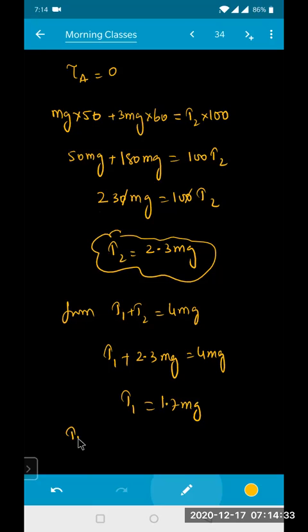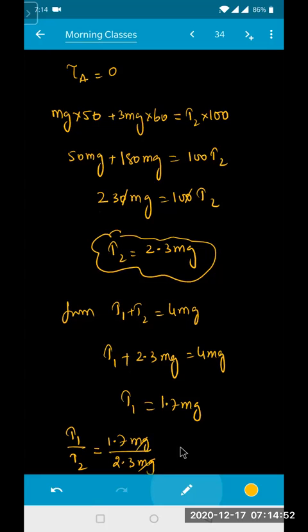So T1 by T2 is how much? T1 by T2 will be 1.7 mg divided by 2.3 mg.